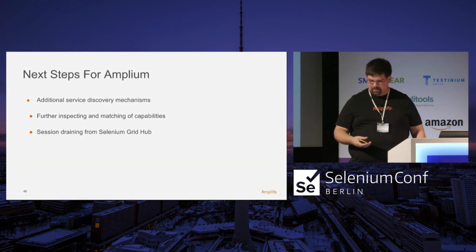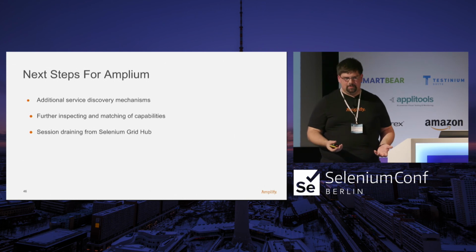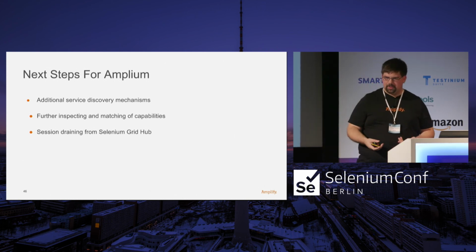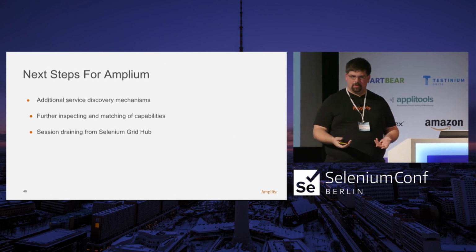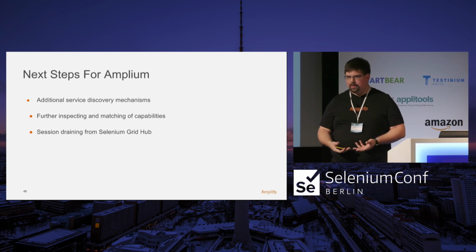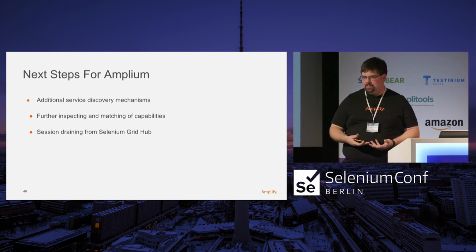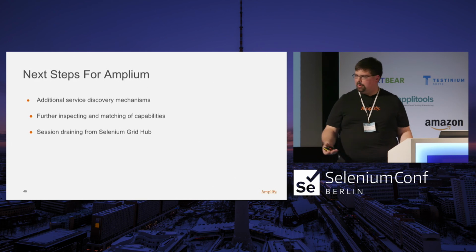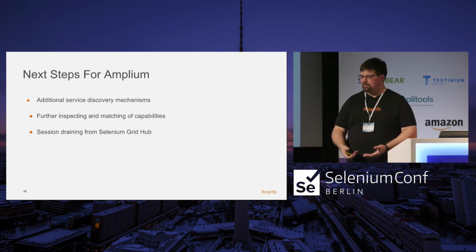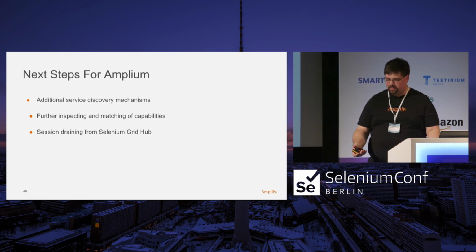Okay, and then so sort of the next steps for Amplium. Like I said, right now it just uses SmartStack, which is like Zookeeper for service discovery. That's not the most widely used stack in the world, so I'm interested in adding more capability for it to do more service discovery instances.